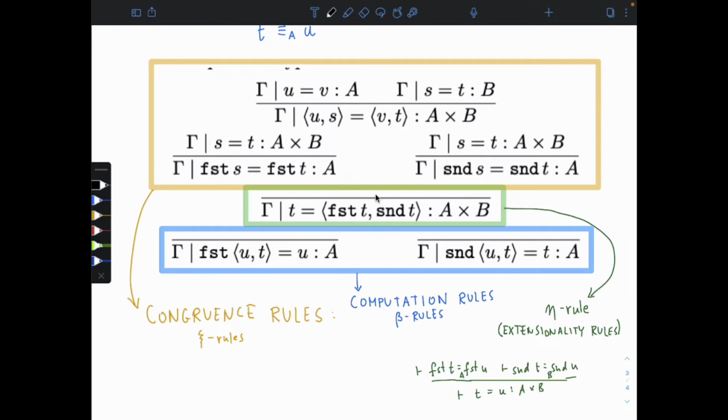Then there are computation rules, which give you a programming language when you do them right. If you do them wrong, you get a mess. But if you do them right, you get a programming language out of them. And then there might be something called Ita rules or extensionality rules or some such, and those are always debatable.